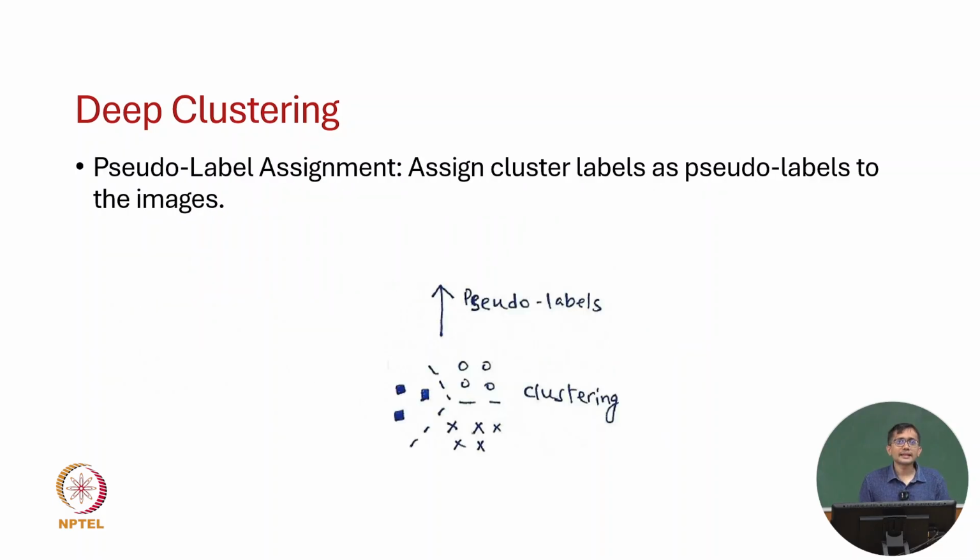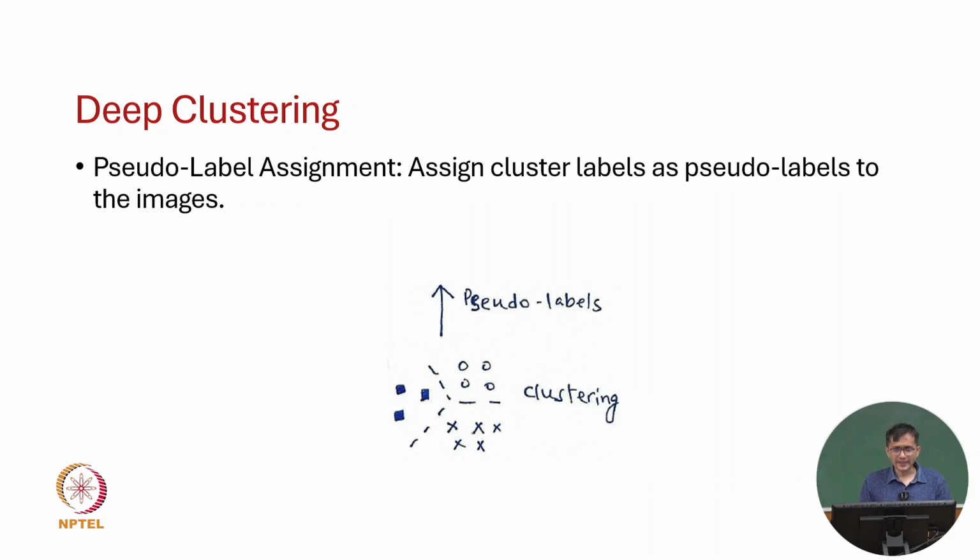Now, the next step would be to assign pseudo labels. What are these pseudo labels? These clusters will now be treated as different classes. So they themselves can be thought of as belonging to one pseudo label. It's like we give label 0, label 1, label 2. Okay, so we are basically assigning them to different classes.